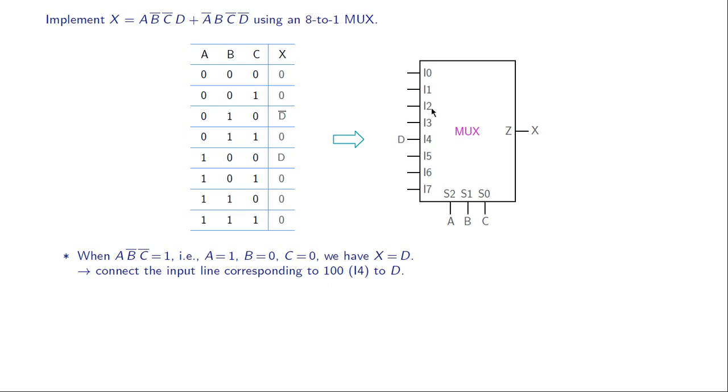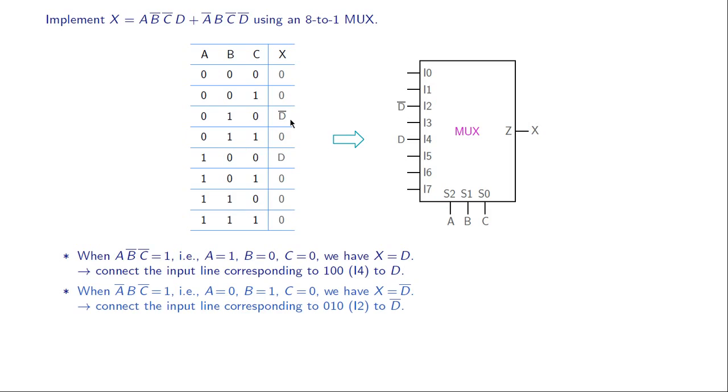So line I2 should then be connected to D bar, like that. And in all other cases, x should be 0, and therefore we connect all other input pins to 0, like that. So that is our design. And once again, since this order is the same as this order, we could have actually just reproduced this column over here, rather than looking at each of these minterms once again.